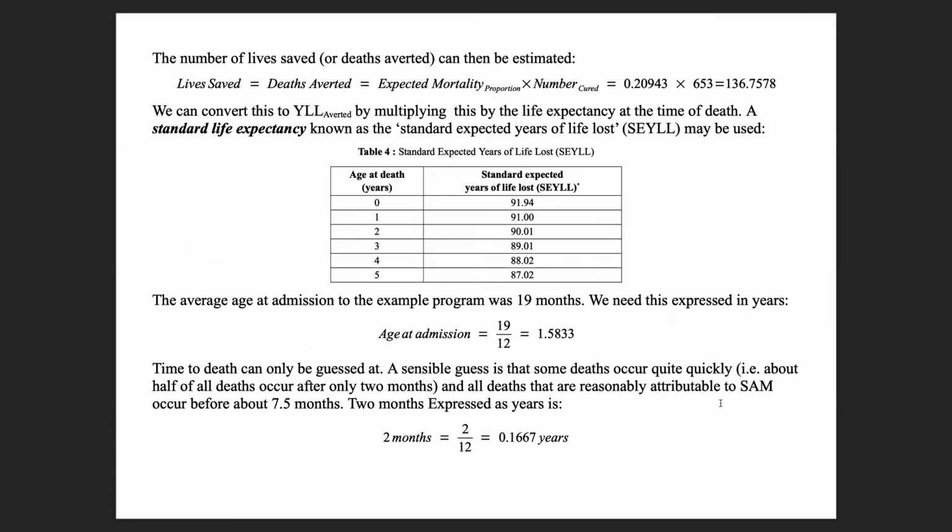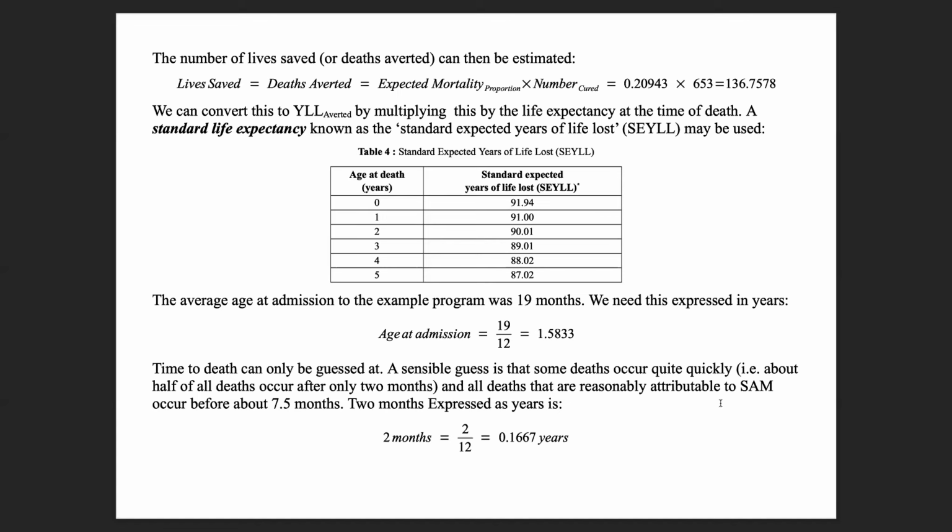So we've got an estimate of the mortality, and we've got an expected mortality proportion, and we've got the number cured. And if this was just the number of children with SAM, we'd expect that to be about 20.94% of the 653, which comes to 136.7, 137 deaths that would have occurred without the intervention.